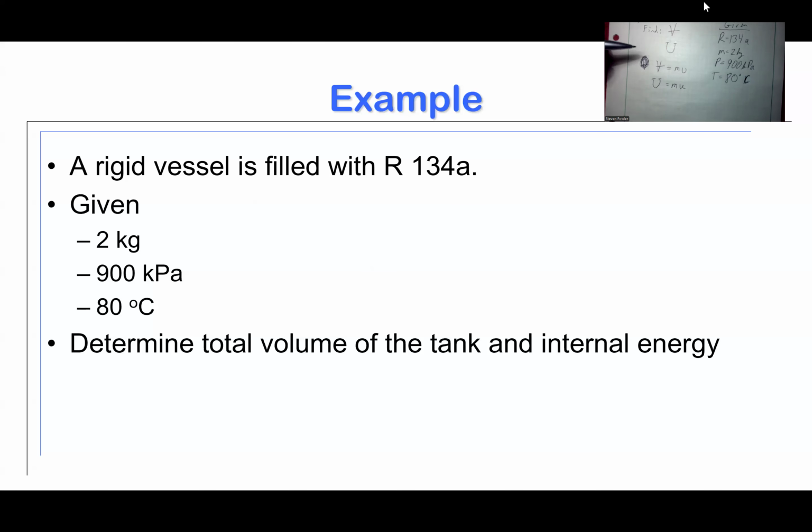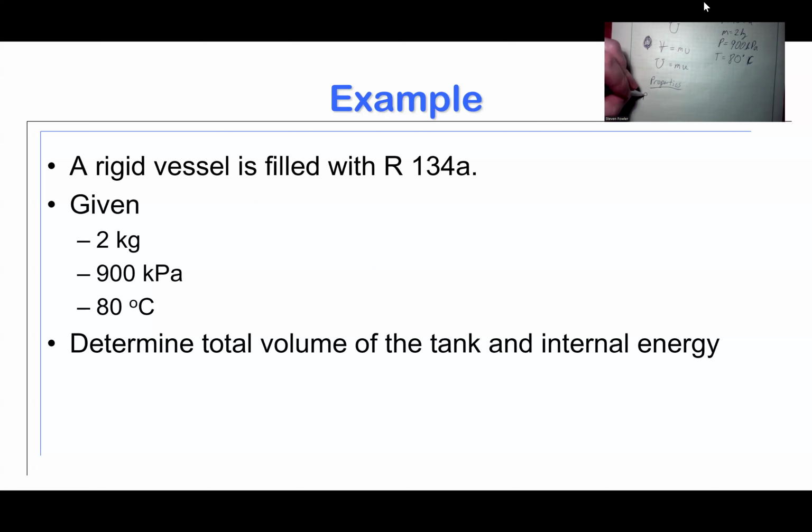And then what I need to do is find properties to go into these equations, because right now, what have I got? I've got two equations with four unknowns. I know the mass. I don't know these things I'm looking for. I also don't know these specific values that I'm going to need to look up. So I can go to the property tables and find the specific values that I need.